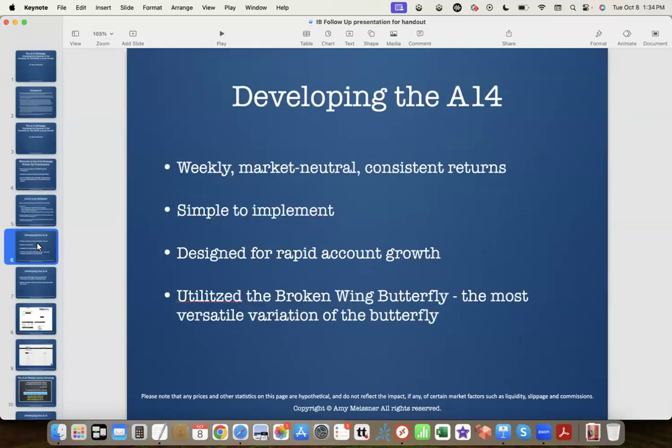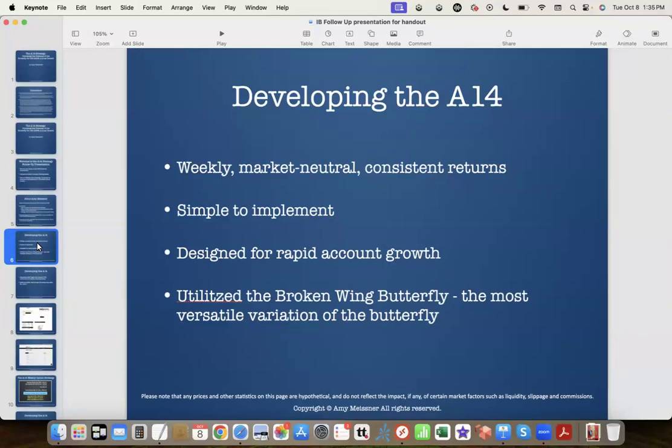All right, so developing the A14. As I mentioned, this is going to be a deeper dive into how I use one particular butterfly variation in this strategy to come up with something that's very robust and consistent. My journey with the A14 strategy began in September 2020. As you know, that was the year of COVID, and there was a lot of volatility going on. I wanted to create something new.